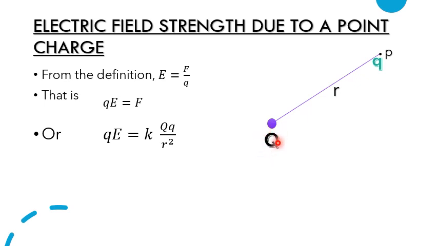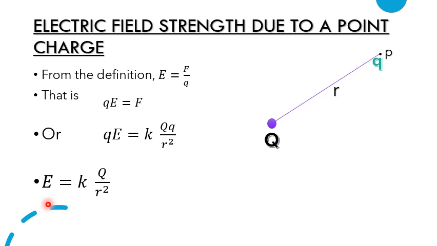Here Q1 is capital Q, which is the source charge, and Q2 is the test charge with magnitude small q. We can cancel q from both sides, and we get an expression for electric field strength, which is E is equal to KQ over r square. So this is the expression for electric field strength due to a point charge.